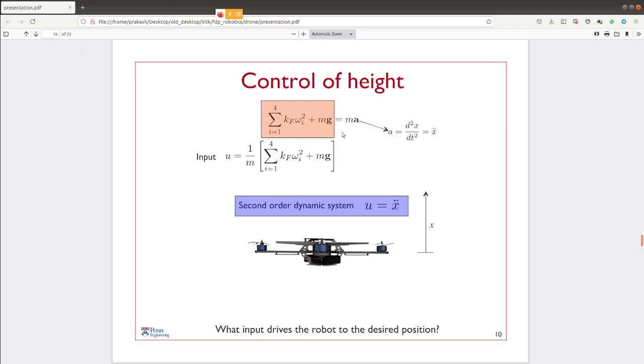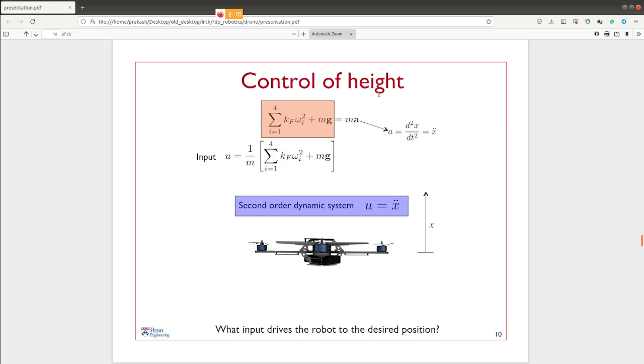For example, I have a desired height that I want to achieve. That's a very simple basic thing: I want my drone to be at a desired height. How am I going to achieve it?